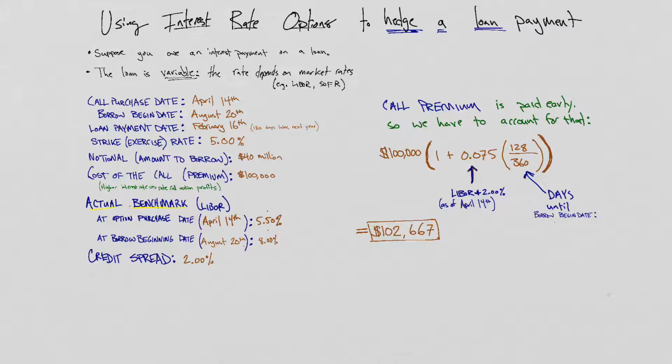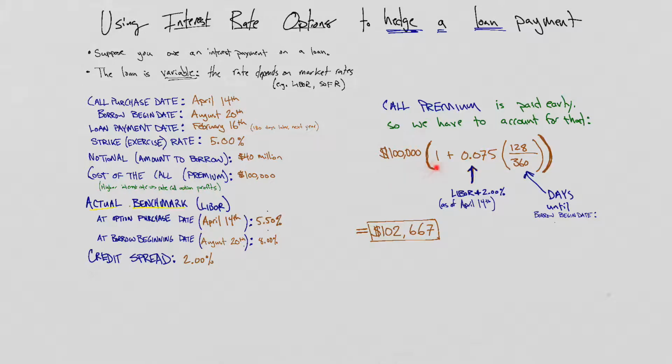But because we are spending $100,000 on the call premium as of April 14th, and we don't actually get the loan until sometime later, August 20th, that's 128 days between these two.